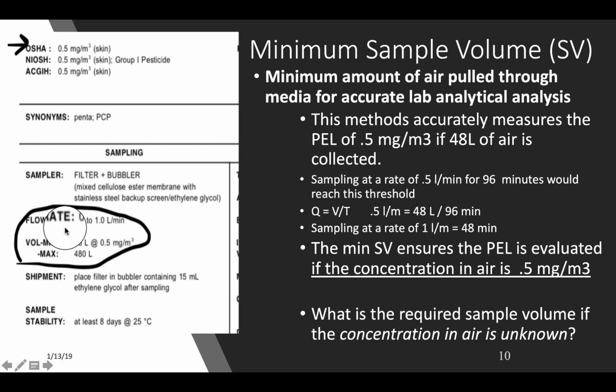If we use the minimum flow rate of 0.5 liters per minute and we sampled for 96 minutes, we would pull 48 liters of air. And so the minimum sample volume ensures that the PEL is evaluated if the concentration in the air is 0.5 milligrams per cubic meter. If the concentration in the air is less than that, then 48 liters may not be enough air to be able to detect what that concentration is.